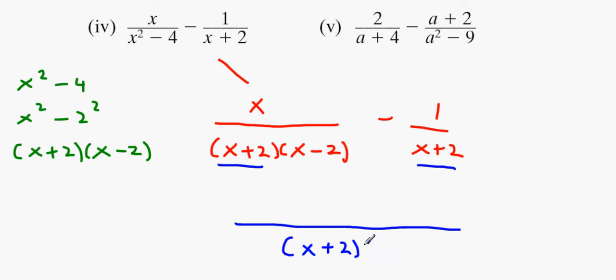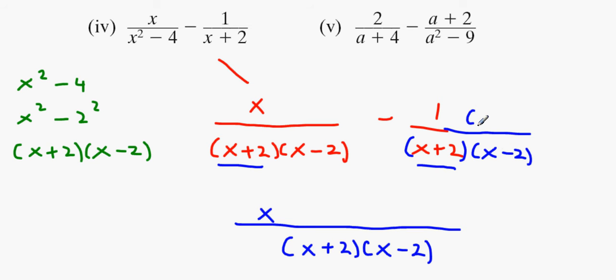Okay? Now, what we have to realize is that this x is unchanged because it's already over this denominator. However, the 1 needs to be changed. So in order to change this denominator, if we put the x minus 2 on the bottom here, then we must put an x minus 2 on top. So therefore we're going to get minus 1 times x minus 2.